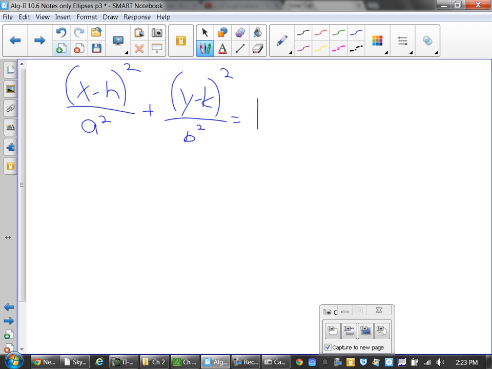We've already talked about why it's an ellipse versus a circle. What was the reason again? What's the relationship with a squared and b squared if it's a circle? The same. They're equal.